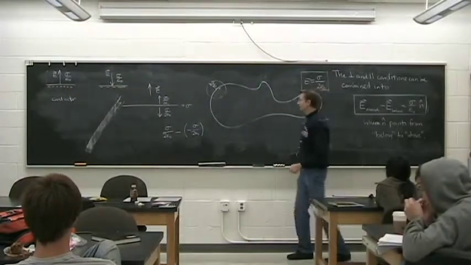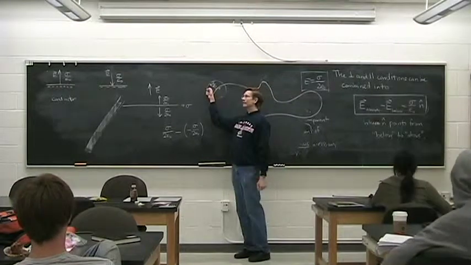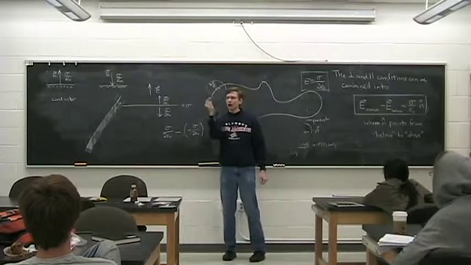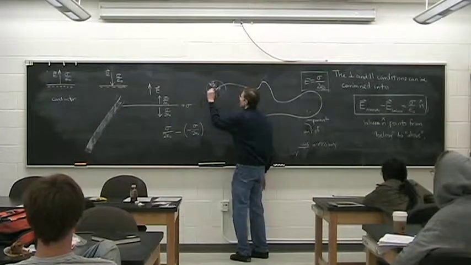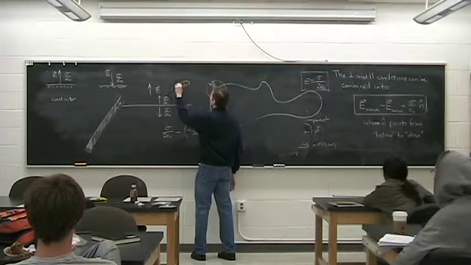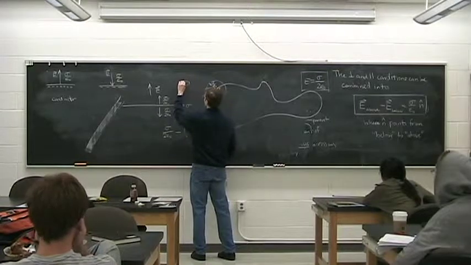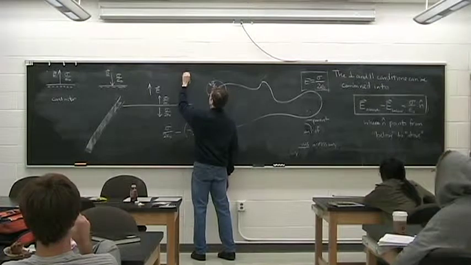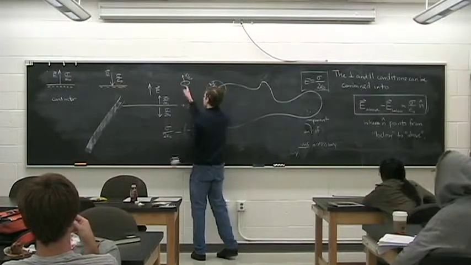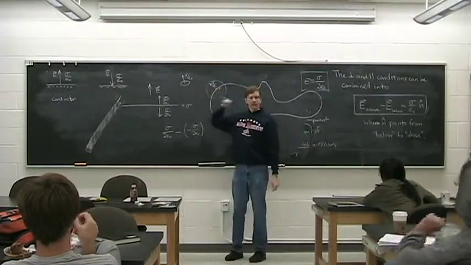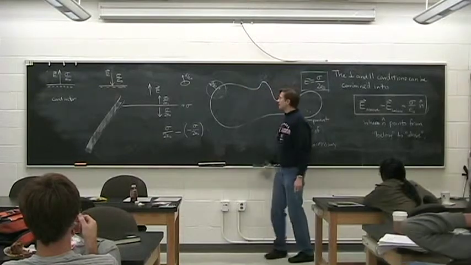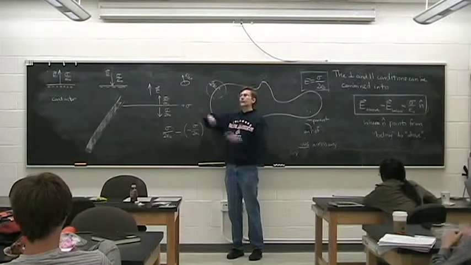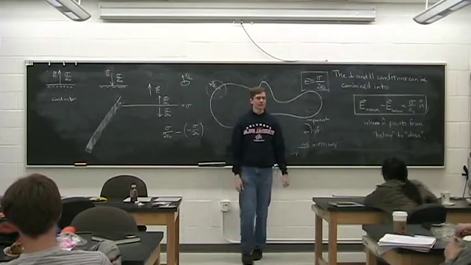Now, the total electric field should be equal to the electric field due to the charge. I can draw a little patch around here. So here's a little patch of the conductor, and here's the electric field of sigma over epsilon naught just above that little patch. The total electric field is the electric field due to that little patch plus the electric field due to all the other charges in the system.